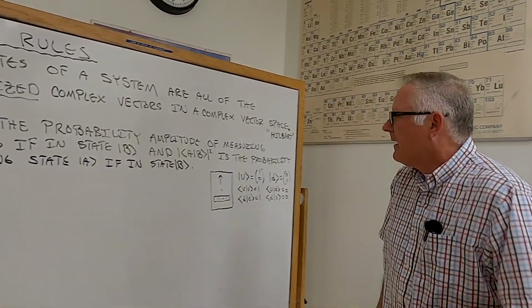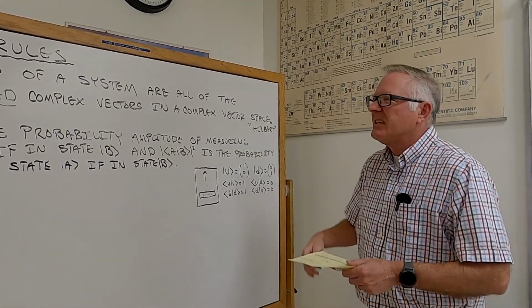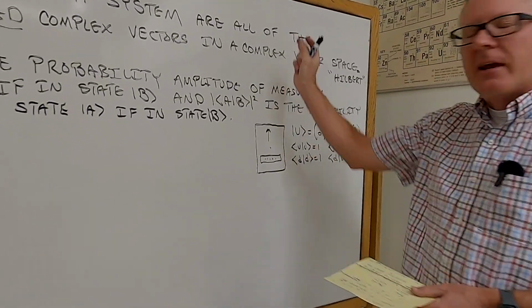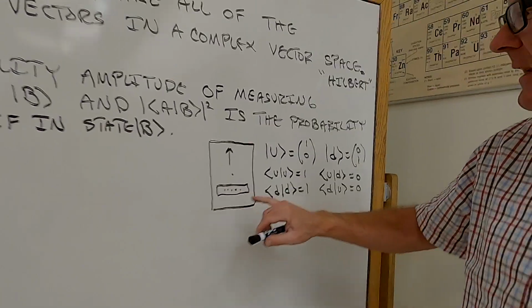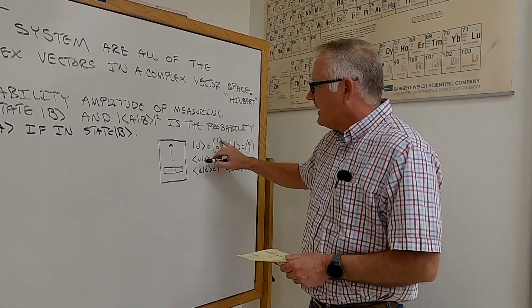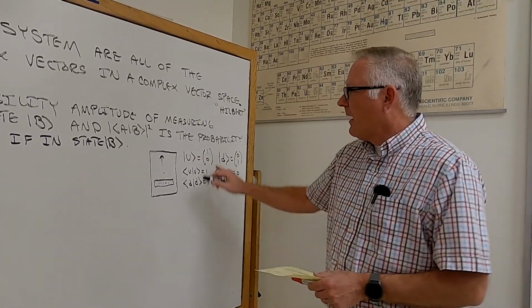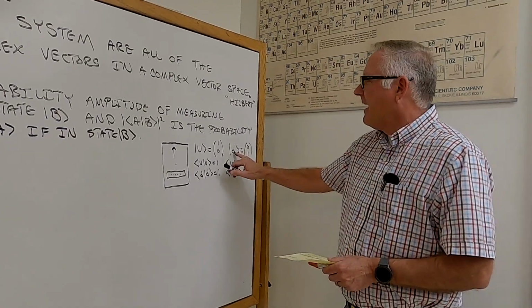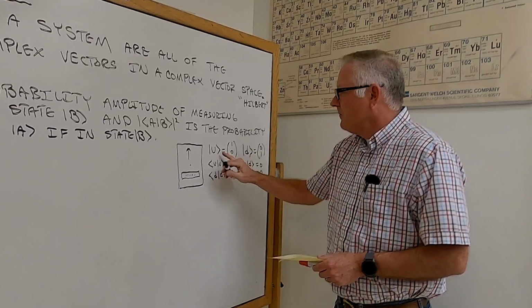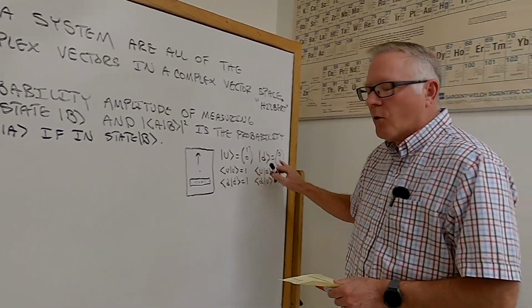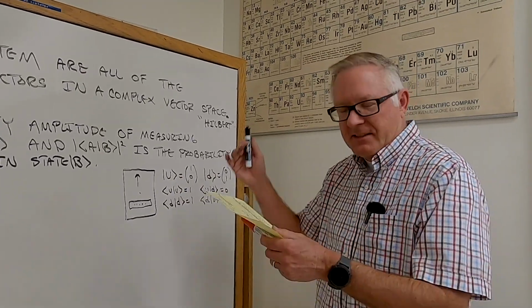Okay. Now, last time we looked at just the Z when we had our sensor straight up and down, and we called, when we got a +1 here, we called it an up, and we defined it this way, 1, 0, and down, 0, 1. These were orthonormal basis vectors for the Z direction.